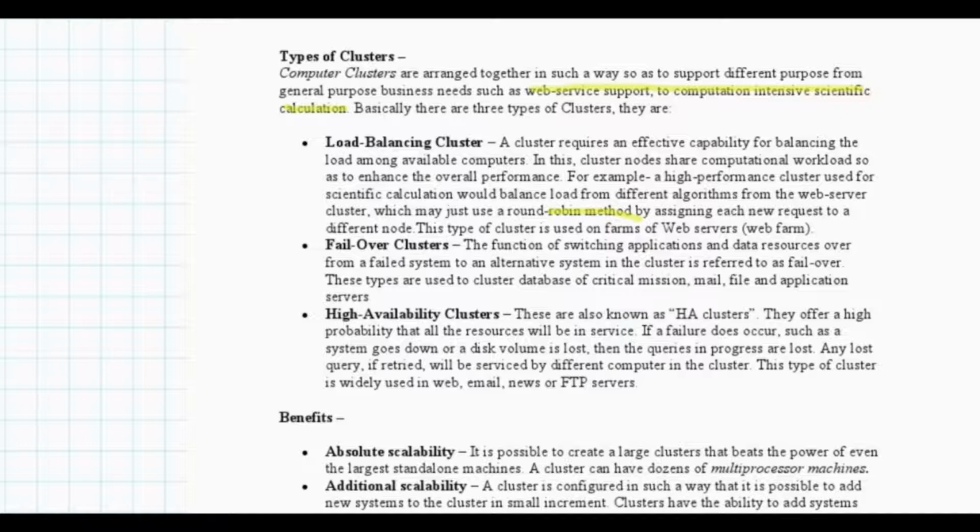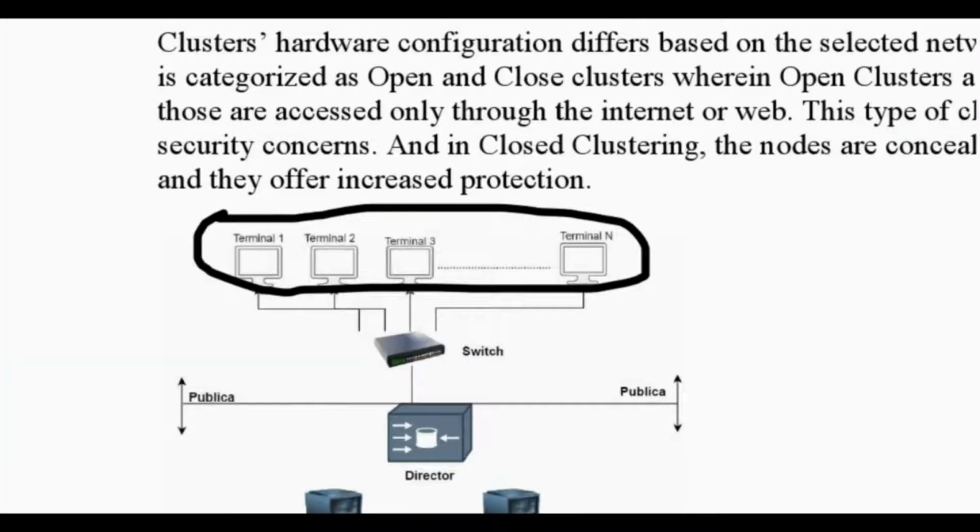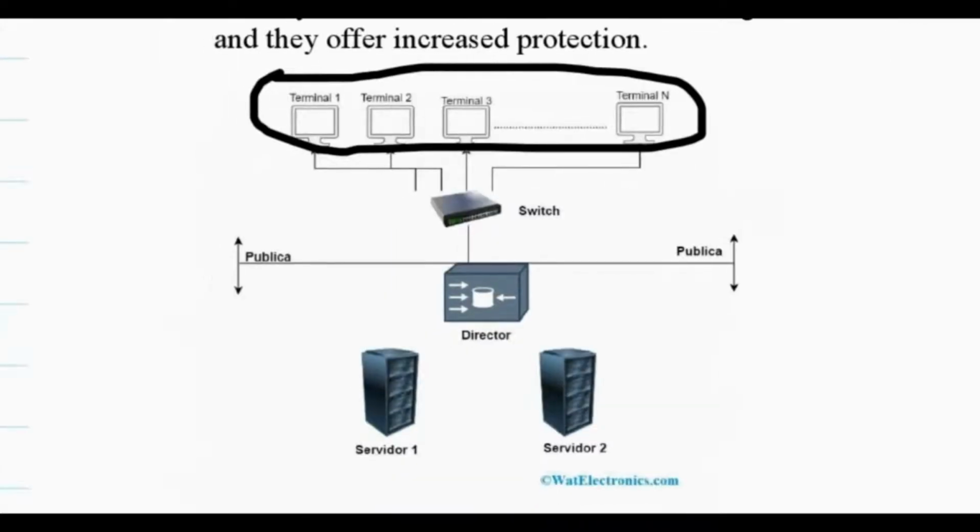So what it actually says is that, again, let us revisit our previous diagram. Here you can see that you have n number of terminals in your cluster computer architecture.